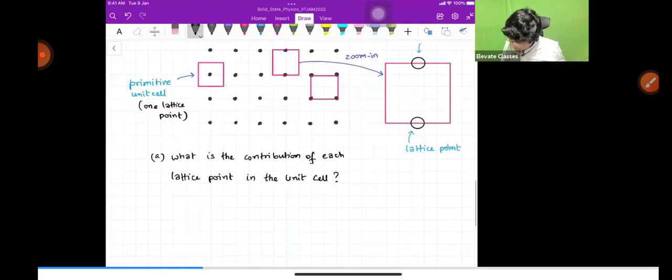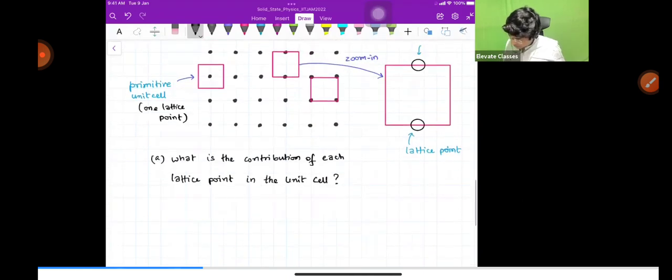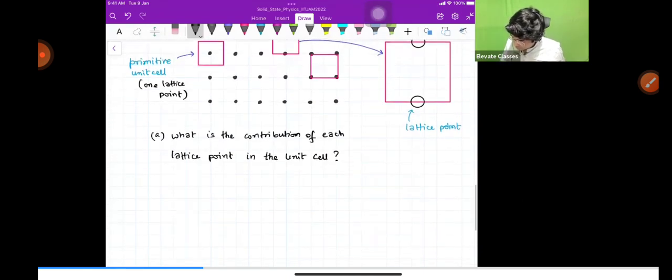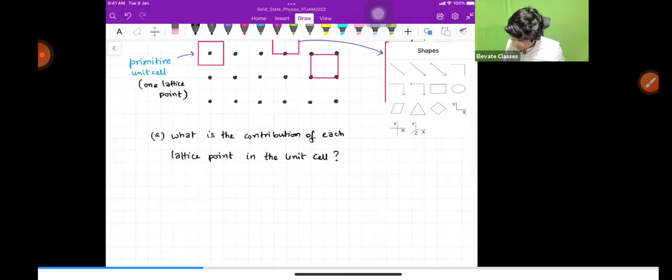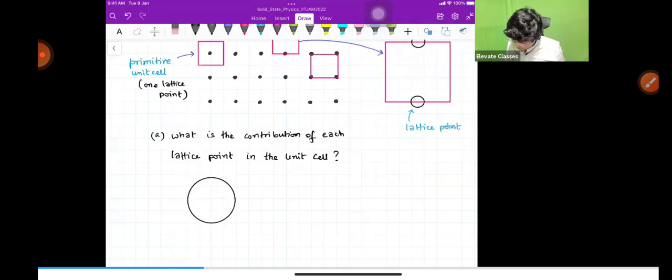Now you can see, what is the total angle in a circle, like the angle subtended by the circumference at the center, 2 pi. 2 pi, right? 360. So this is 2 pi.